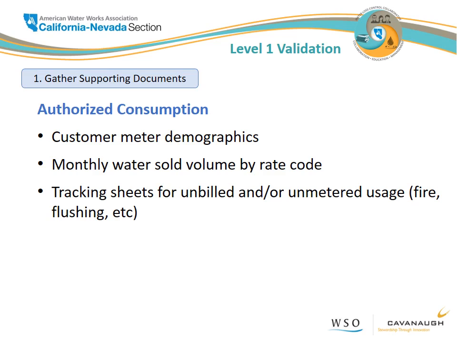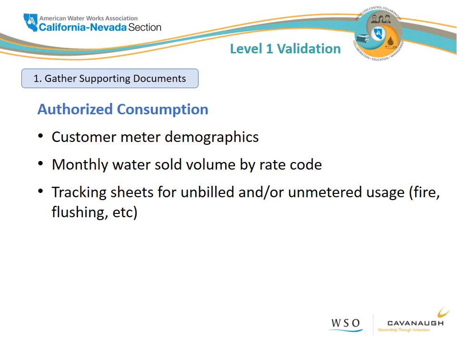Monthly water sold, volume by rate code. This is one where we're looking at your authorized consumption. Typically, most of this is going to be your charge accounts, the ones you're billing. But this could also include any unbilled and metered accounts or connections, which may be like a governmental building or something like that.